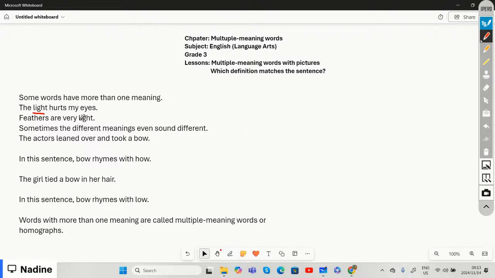This light is the light that you switch on, right? When it is dark and you switch on the light, the light shines. Then another one is, feathers are very light. This has to do with weight.